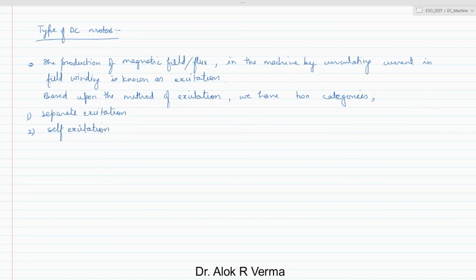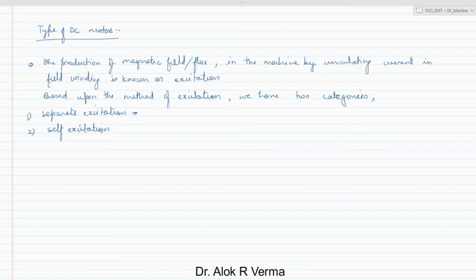So there are two types of excitation. In separate excitation, we have a separate DC energy source, but in self excitation the current flowing through the field winding is supplied by the machine itself. So in separate excitation we have a different source, and in self excitation the same machine supplies the current in the field winding to produce the flux.